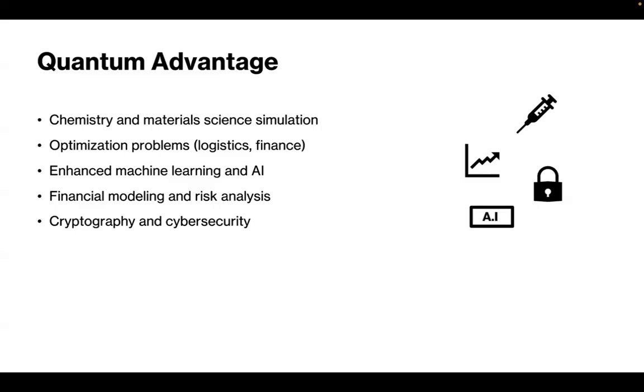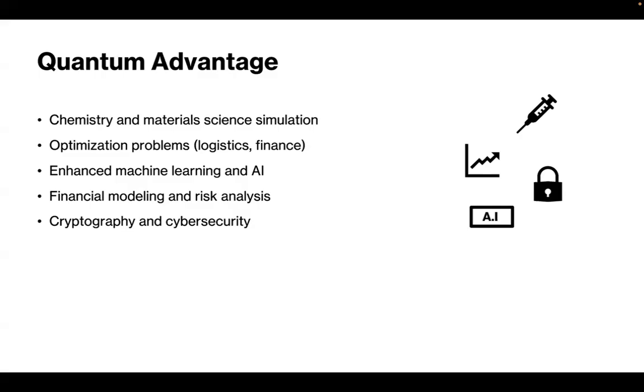For optimization problems like routing delivery vehicles or optimizing financial portfolios, quantum algorithms like the quantum approximate optimization algorithm could find better solutions than existing methods. In machine learning, quantum approaches could enhance data classification, pattern recognition, and feature extraction. In finance, quantum computing could transform risk analysis and portfolio optimization.